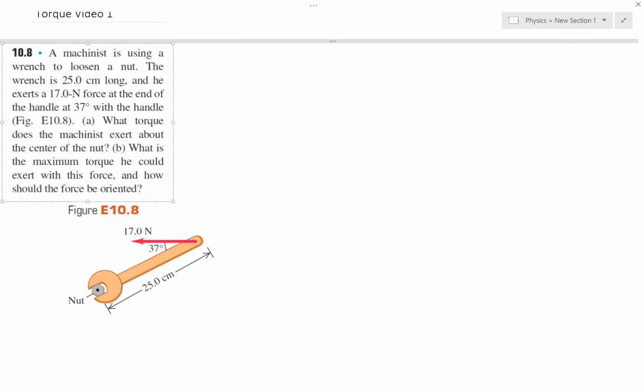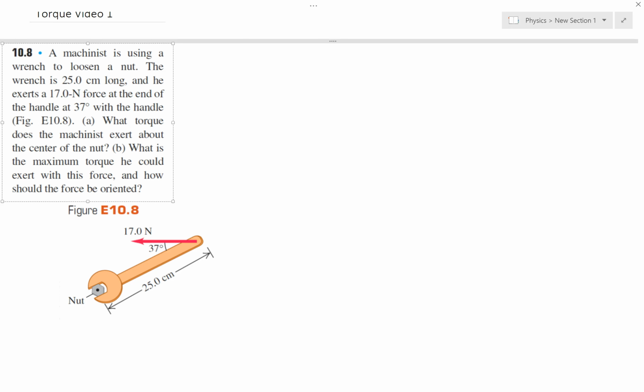They gave us a picture, so that's nice. We don't have to draw it. Otherwise, we would have had to draw something, make our lives much easier. What they're asking us to find is what torque does the machinist exert about the center of the nut. So what is the magnitude of the torque that this force is going to produce in this situation? They did give us a picture.